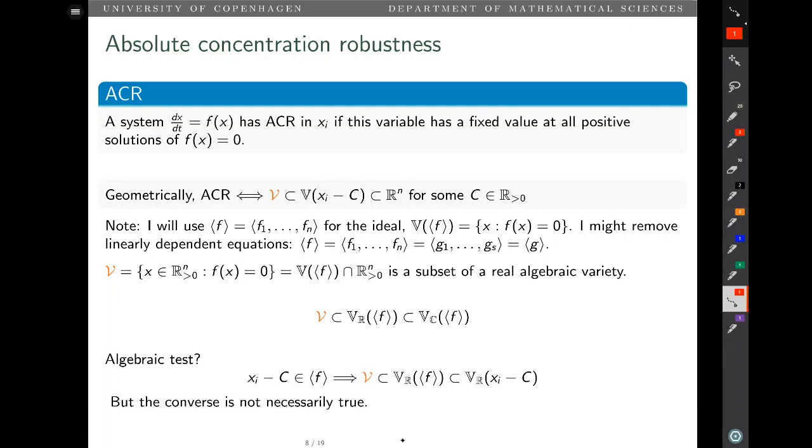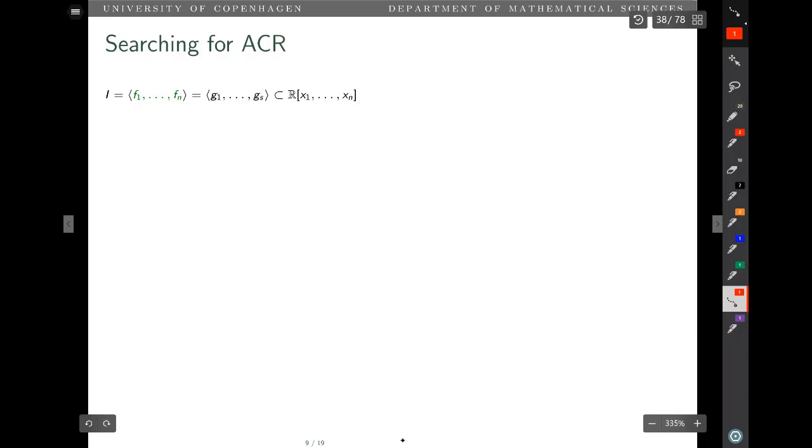So if the polynomial xi minus c turns out to be a combination of my original polynomials, I know that all the solutions to the original polynomials are a solution to this polynomial, so I have ACR. This condition is satisfied for all the points in my set. But unfortunately, the converse is not true. So if I cannot find this polynomial in my ideal, I cannot say that there's no ACR. So I need to dig in a little bit more.